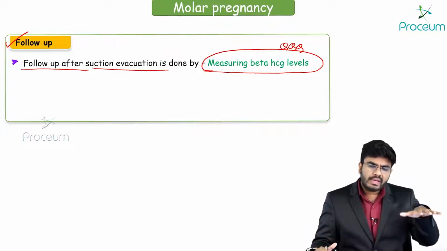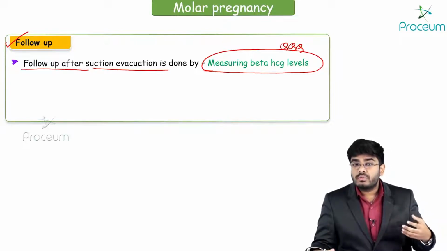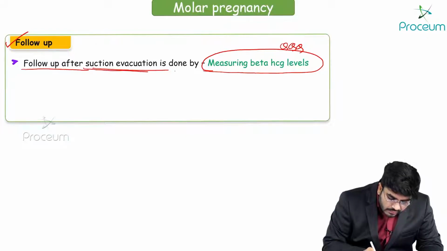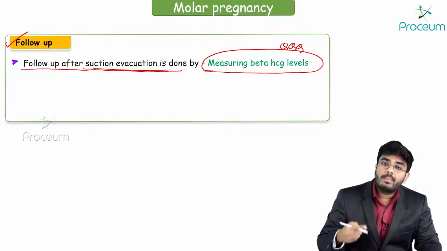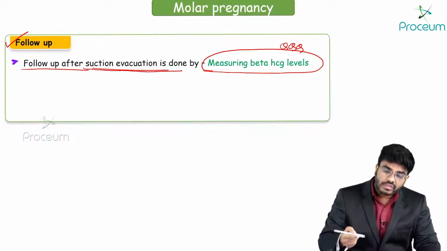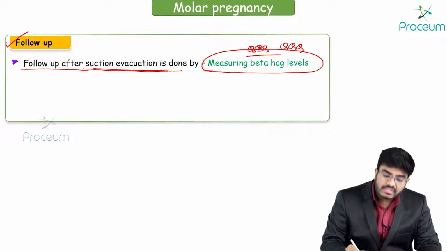But if beta HCG levels are not coming down, they are maintaining, which means the trophoblastic tissue is still present inside the uterus. So you have to do the suction evacuation again and ask the patients to come for the follow-up for the next 6 months. And for the follow-up, what are you measuring? The beta HCG levels. MCQ.